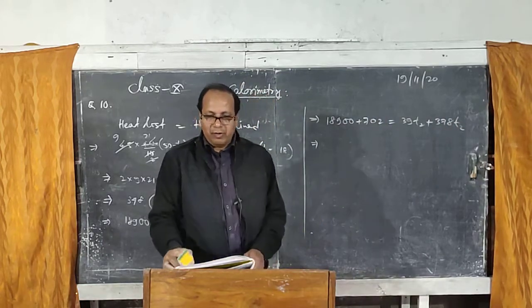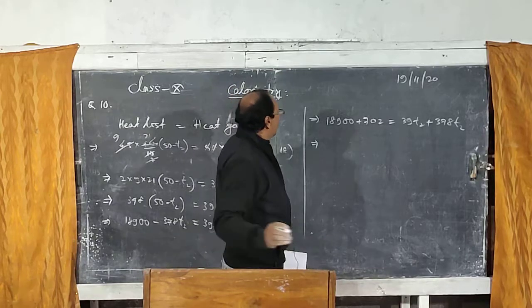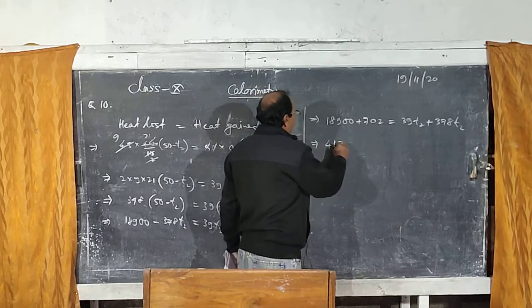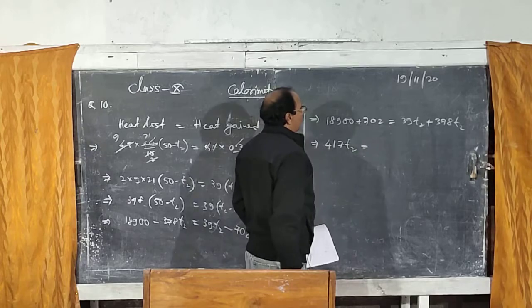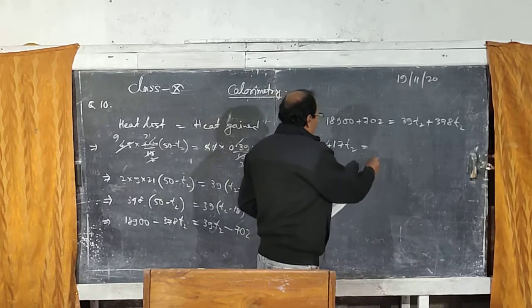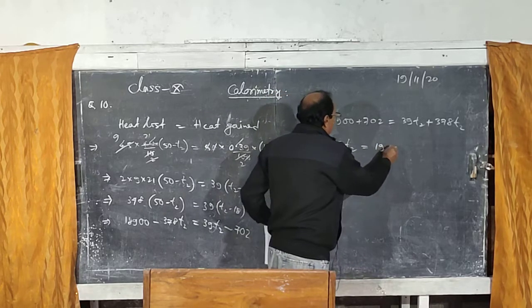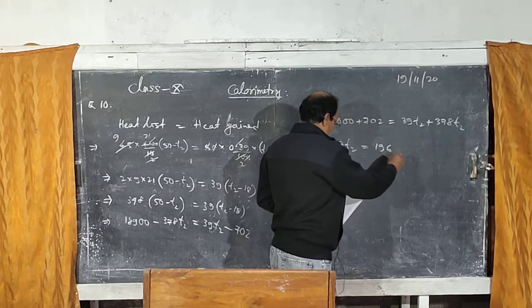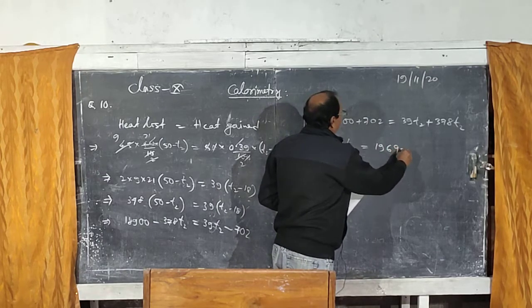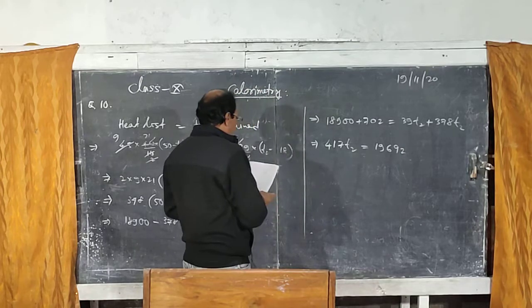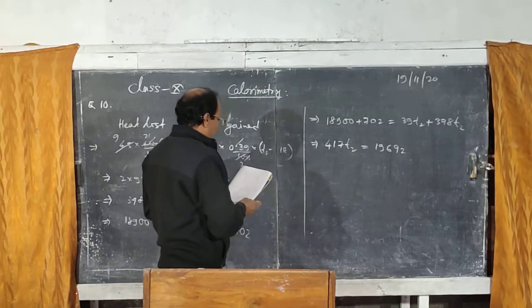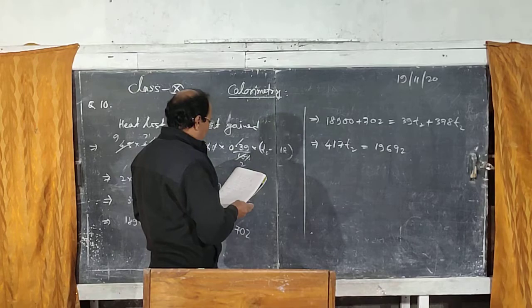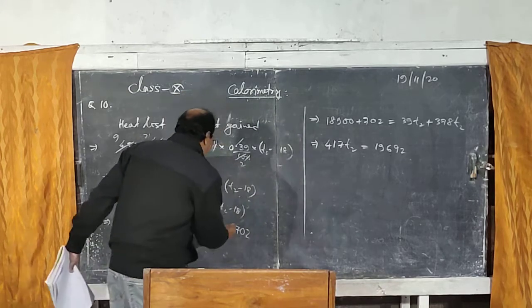Now if you calculate, you will see here 417 T2 is equal to 19692.